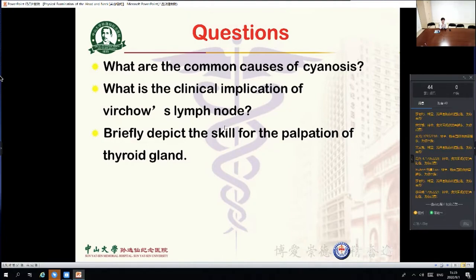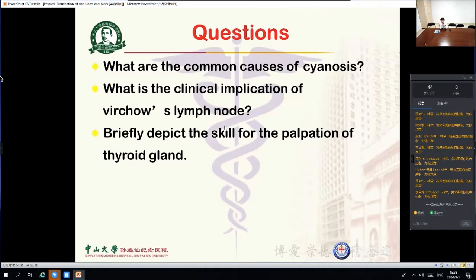These lymph nodes are hard, very solid, and the mobility is very poor, and the patient may show no tenderness if you palpate or press on the lymph nodes.